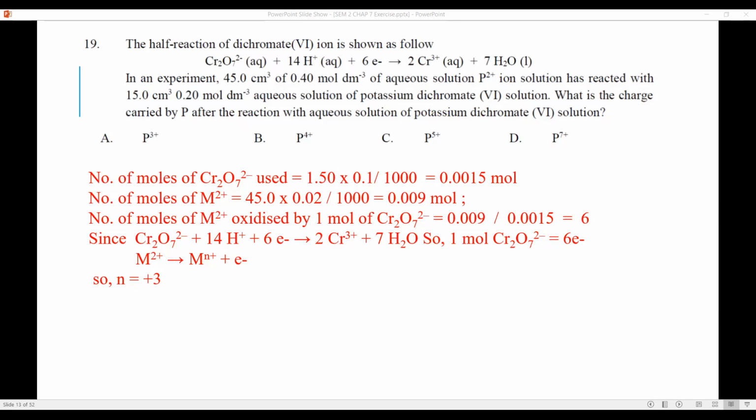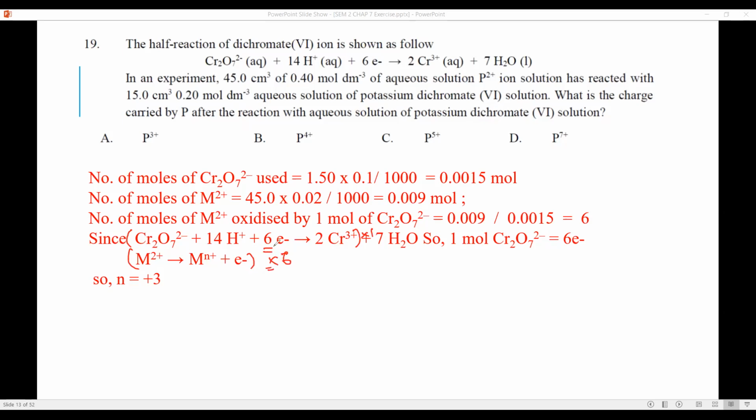Okay. So if you look at the half equation, Cr2O7 2- plus 14H+ plus 6e-. Okay, in the whole thing of the dichromate, you just multiply by 1, isn't it? While the whole of this one, you multiply by 6, isn't it? Because you have 6 electrons, so you must balance.